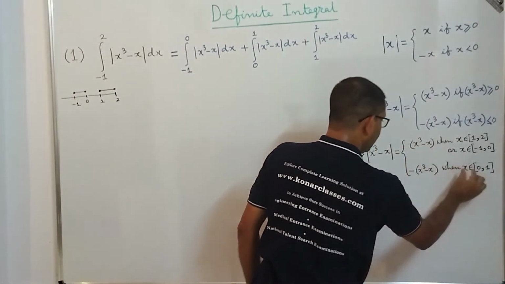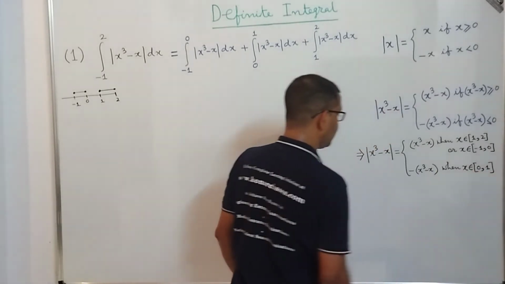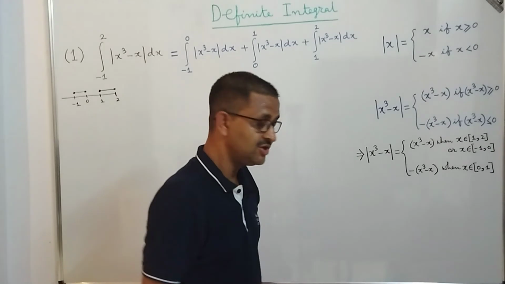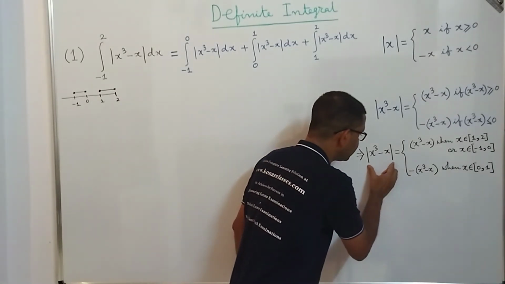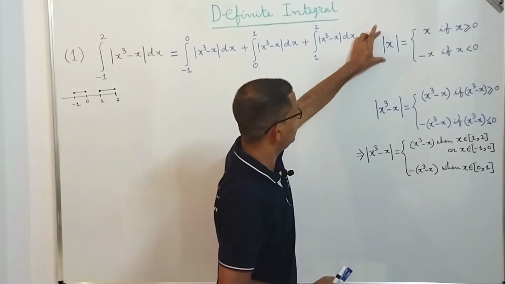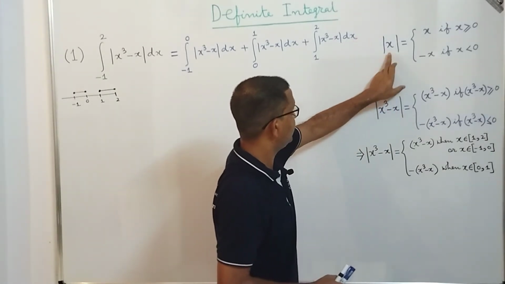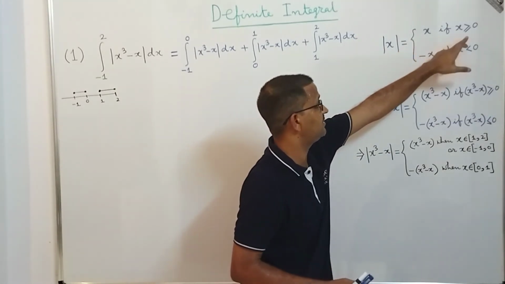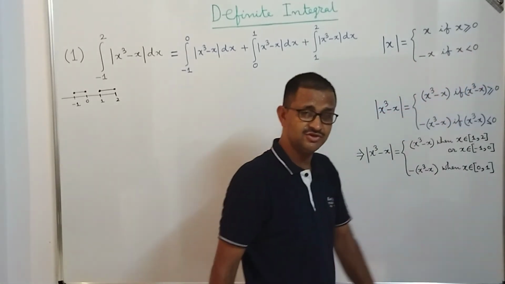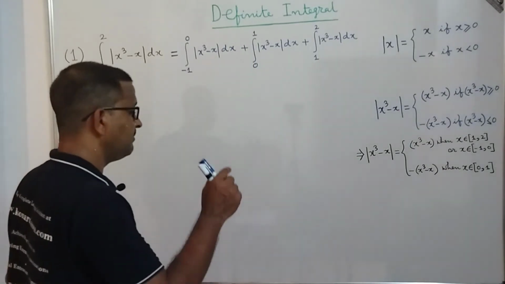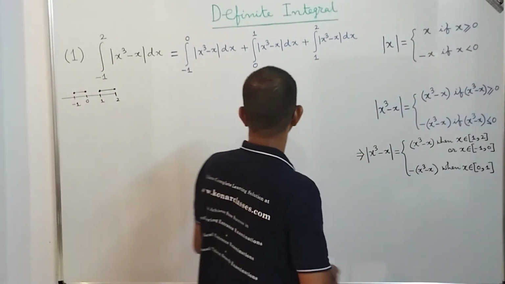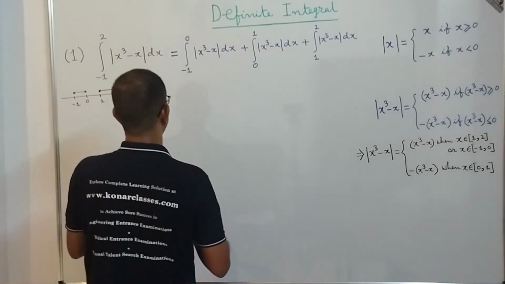But when x is between 0 and 1, x cube minus x is less than or equal to 0. That means mod of x cube minus x should be equal to minus of (x cube minus x), because that is the definition of modulus. We know that mod x equals x if x is greater than or equal to 0, and equals minus x if x is less than 0, or you can say less than or equal to 0, because at the point x equal to 0 both converge to 0. So now let's concentrate on finding this one.